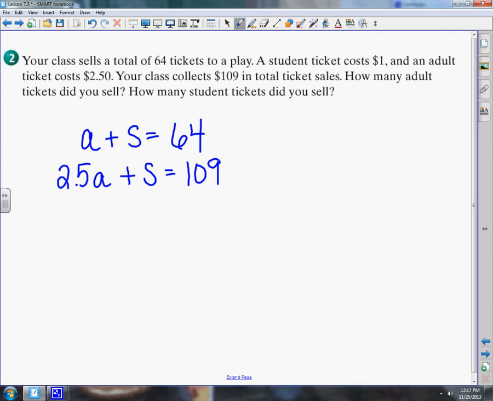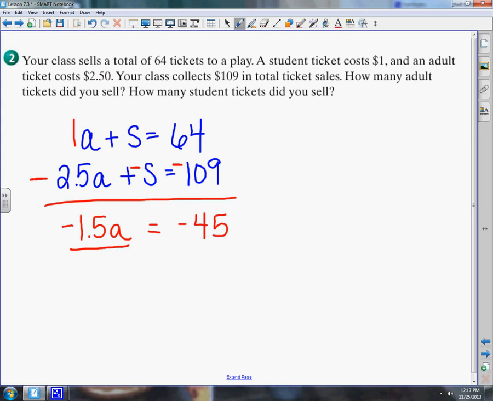If you notice again, both of my S's are positive. So I'm going to change the whole bottom row to negatives. Then 1A minus 2.5A is negative 1.5A equals 64 minus 109, which is negative 45. And then I divide by negative 1.5, and you get 30. So adult tickets equals 30.